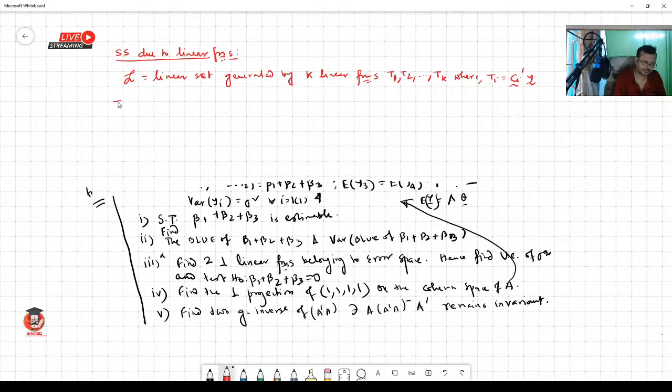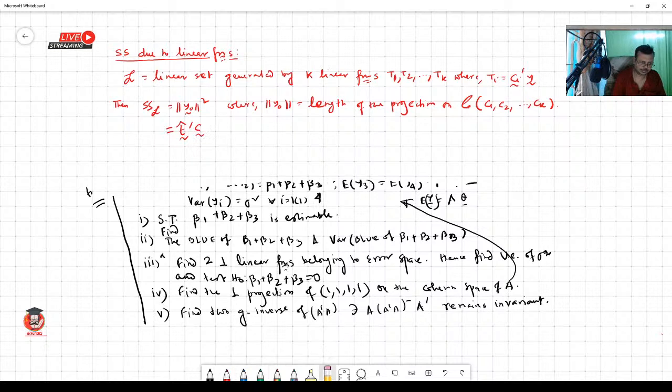Then we know SS due to script L is the norm of y naught squared, where the norm of y naught is the length of the projection on the column space of C1, C2, Ck, and we can write this as T. We have already seen this in our previous class.